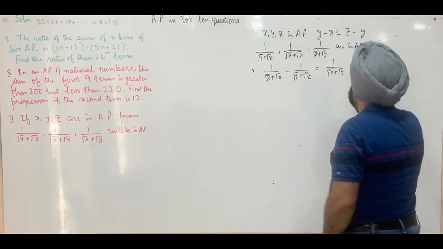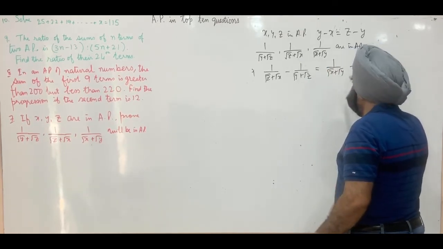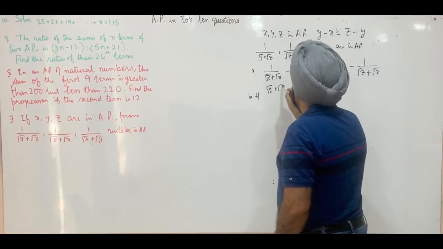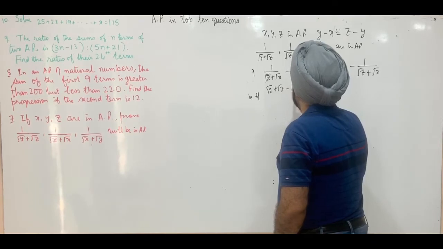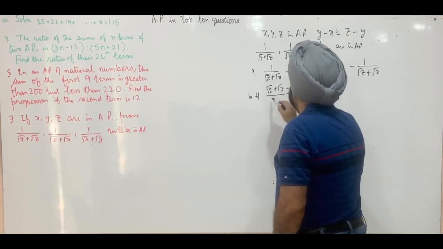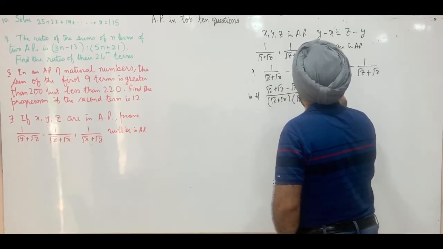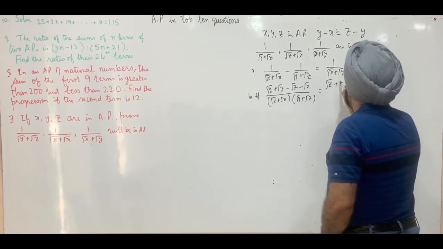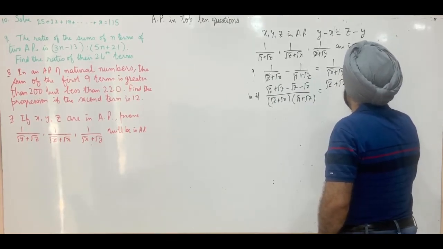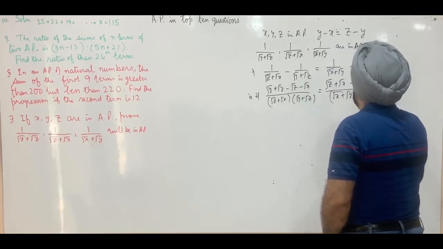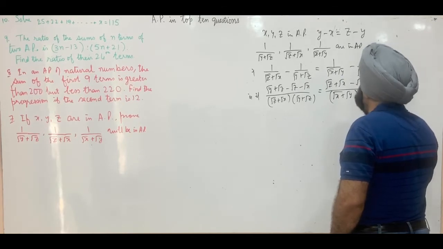Second is 1 by root z plus root of x. That is, if we simplify by taking LCM, the denominator is root of z plus root of x into root of y plus root of z. This is equal to root of z plus root of x minus root x minus root y upon root x plus root y into root z plus root x.